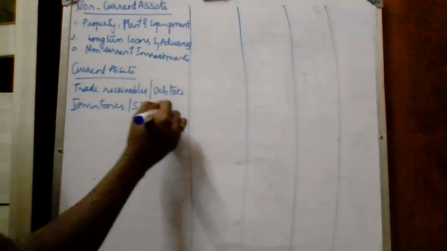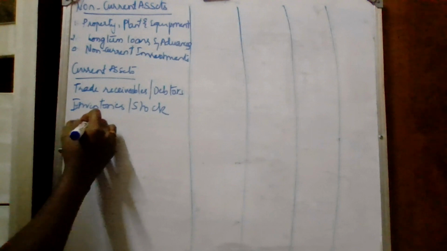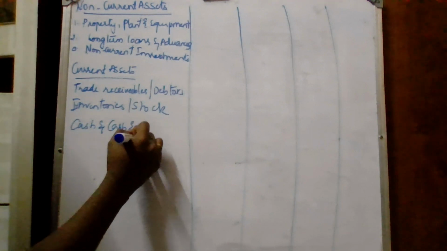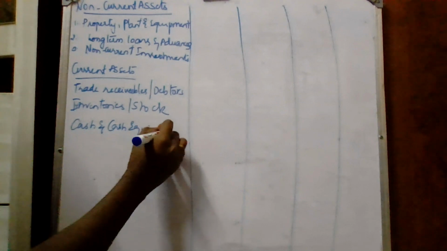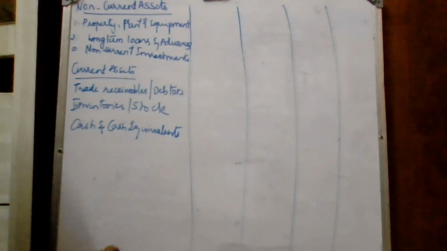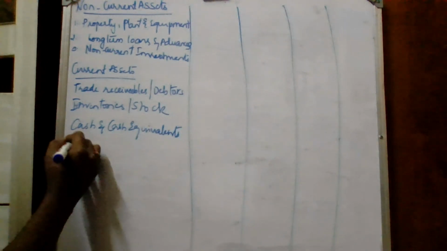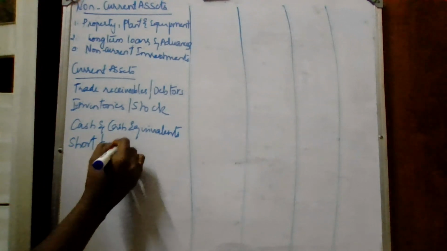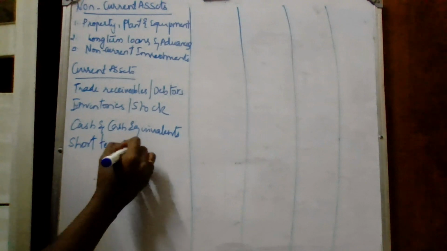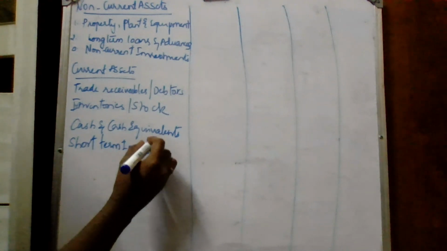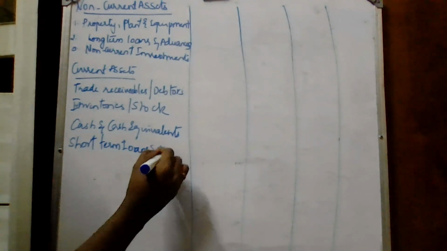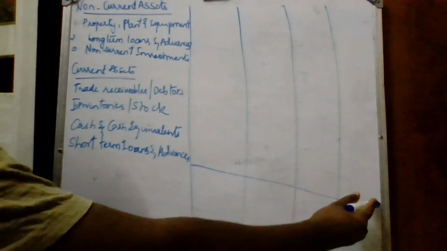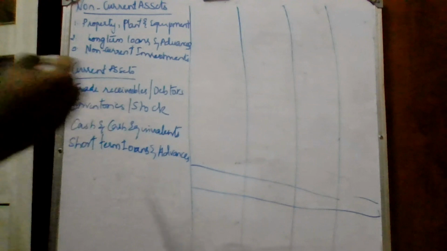Next, cash and cash equivalents. That will be your cash balance, your bank balance. Next we have short-term loans and advances. From the question we shall see which comes under which heading in the balance sheet. Now we have building and machinery.